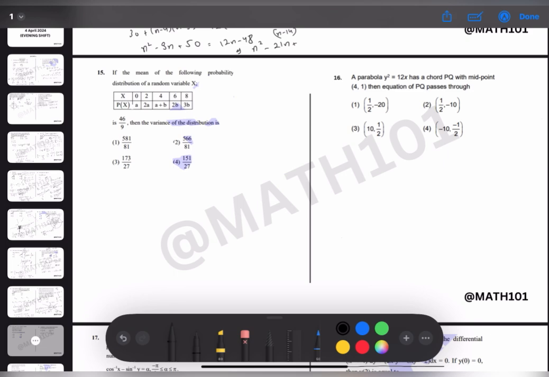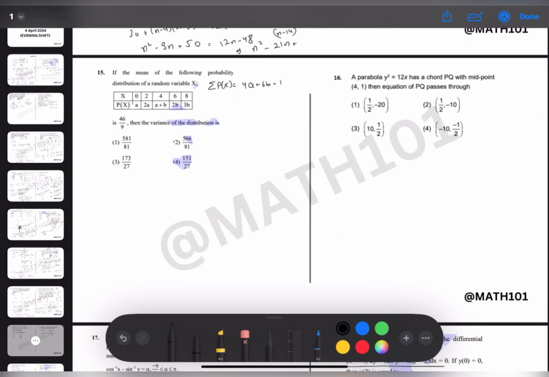The mean is given and the probabilities are given. So first we know that sigma px equals 1, which gives us a plus 2a plus a plus b plus 2b plus 3b equals 1, which is 4a plus 6b equals 1.